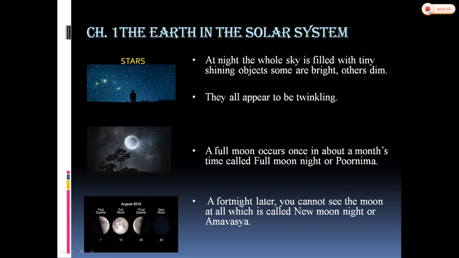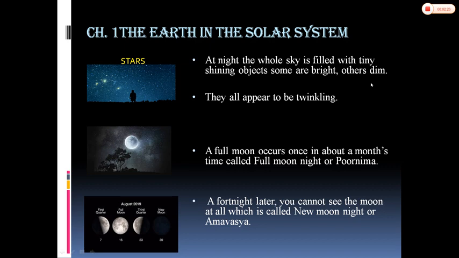Now you will see the moon also in the sky. You will see the moon is continuously changing its shape. Sometimes you will see the full moon in the sky, and sometimes you will not see the moon in the sky. The full moon night is called Purnima, or full moon night.